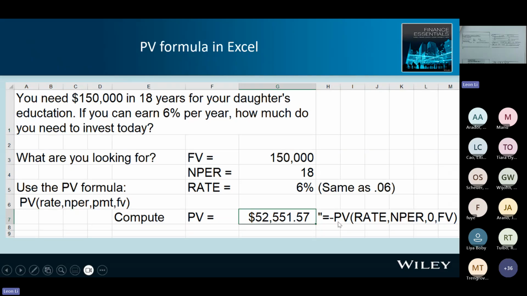Please note, I add a negative sign to the PV to make the result positive. When I use Excel or a financial calculator, PV and FV will have opposite signs. That means one is positive, the other is negative. One is inflow, the other is outflow.